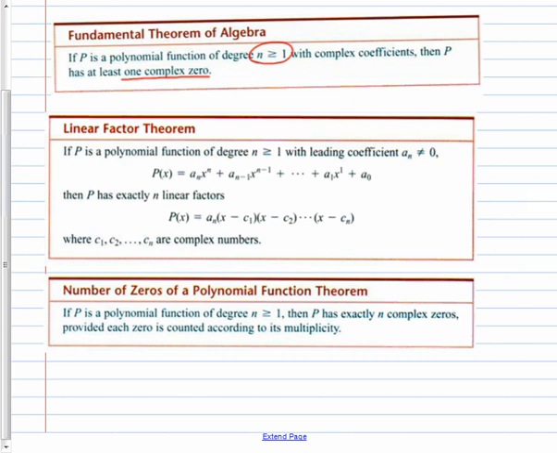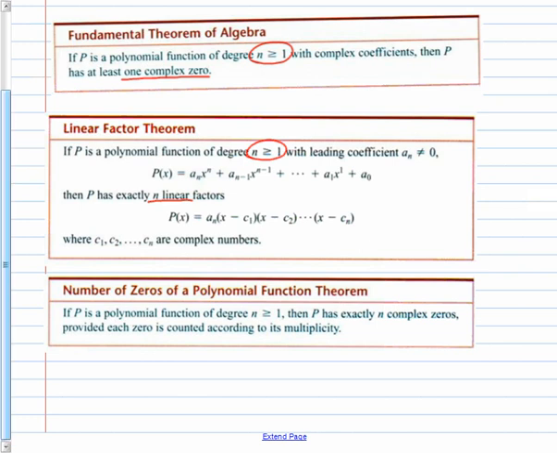The linear factor theorem says if I have a polynomial whose degree is 1 or greater, and the lead coefficient is not 0, then it's going to have exactly n linear factors. N is the degree. So if it is a first degree, I can have one factor.